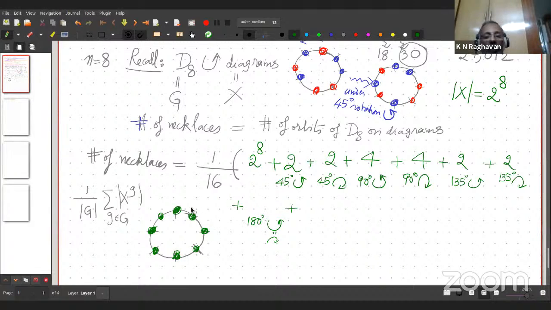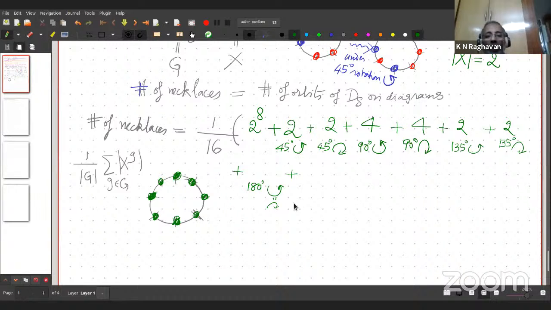So 180-degree rotation. Let me draw one more picture here. Okay, 180-degree rotation. So what is the logic now?